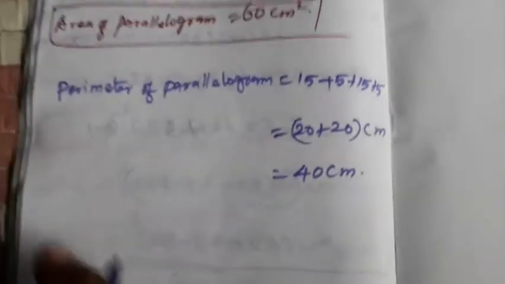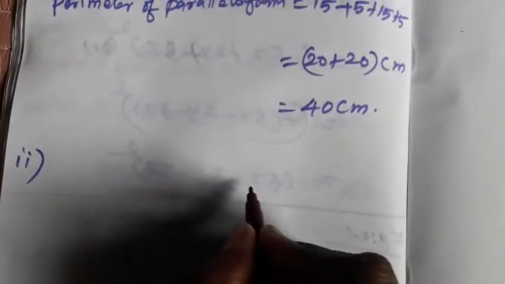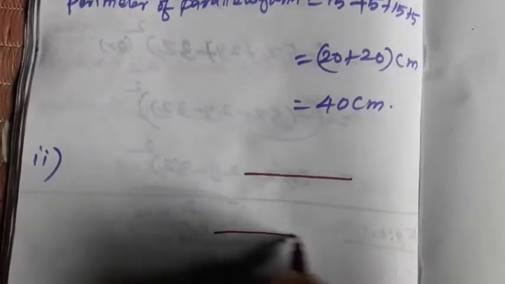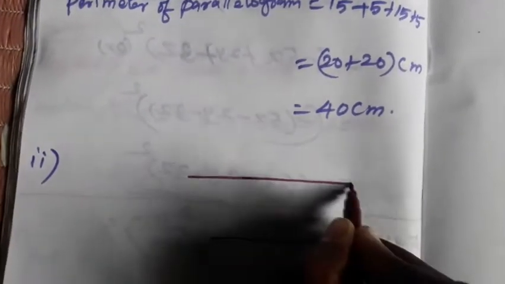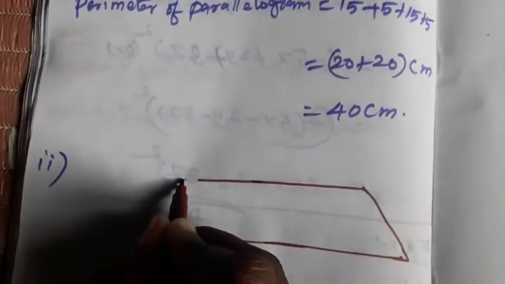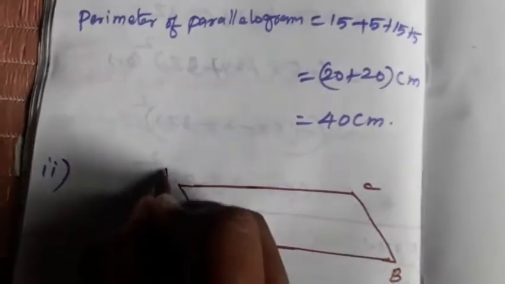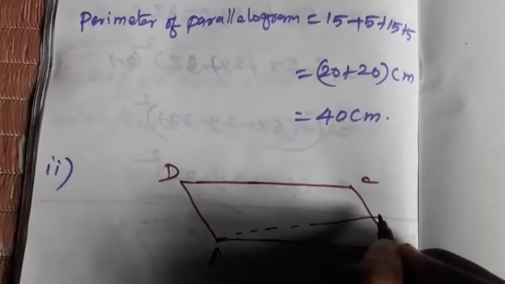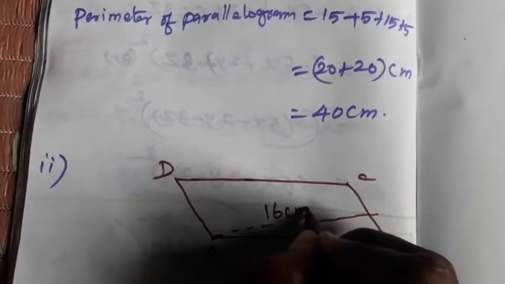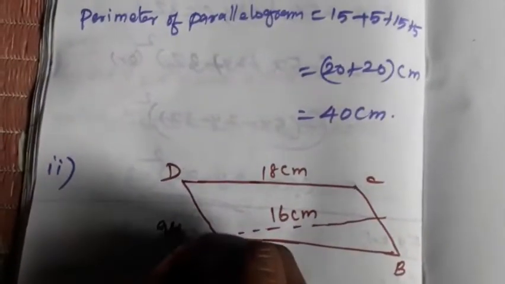Next, see the second diagram, ABCD. The height given here is 16 centimeter, this side is 18 centimeter, and here is 9 centimeter.